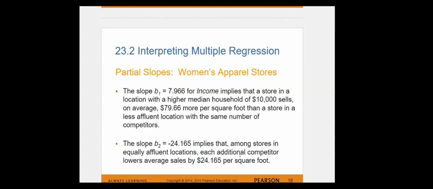So each additional competitor will negatively influence your sales by $24.1 per square foot, but higher income on average, right? It actually increases your sales by $7.9 or $79.66 per square foot.